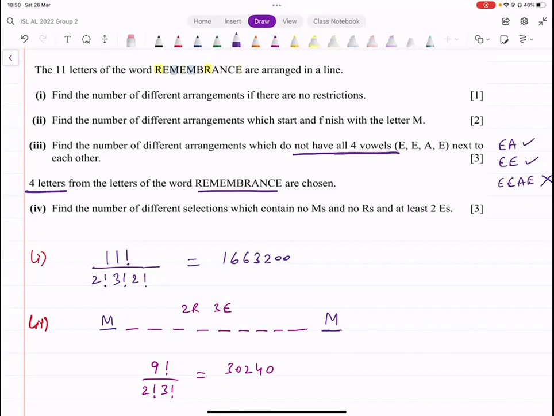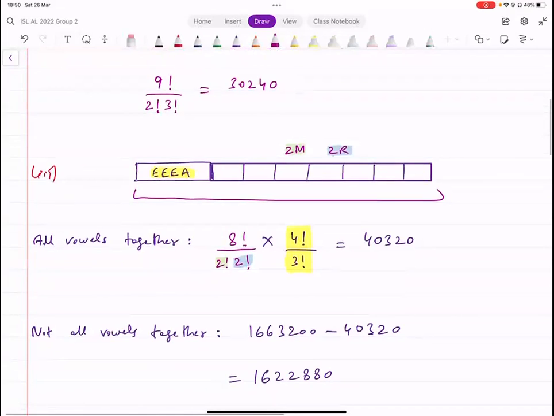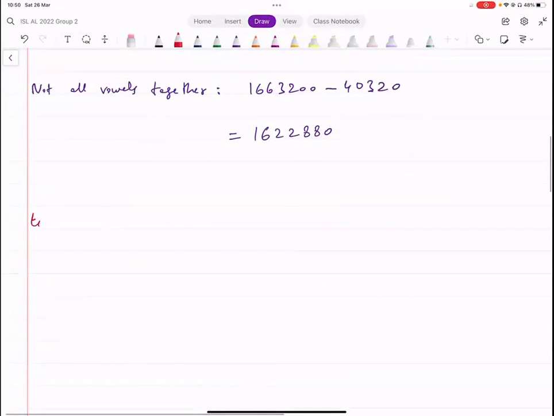आपने क्या find करना है? आपने find करना है the number of different selections that contain no M's and no R's and at least 2 E's. Okay, now let's think about this. Let me write that here, remembrance.